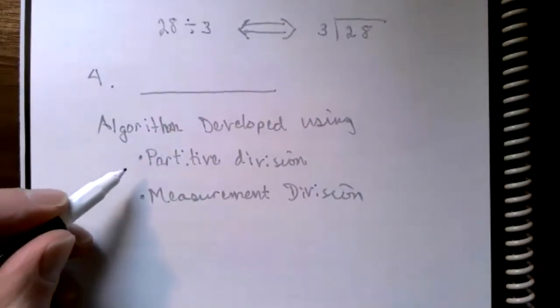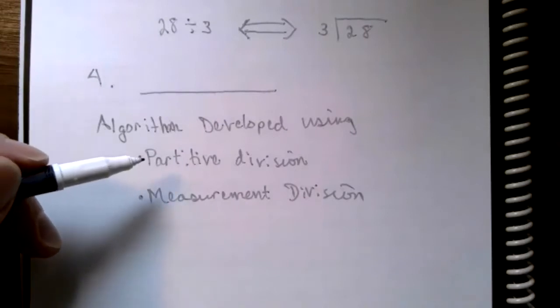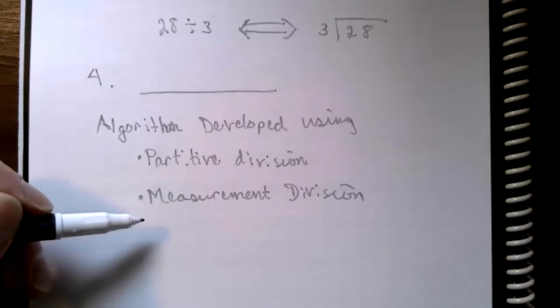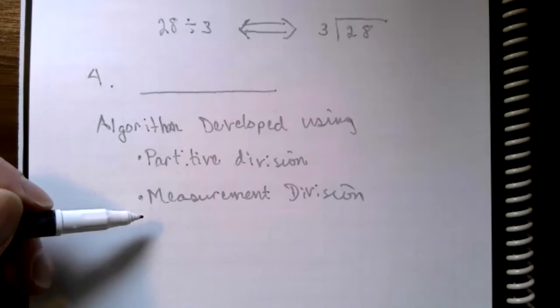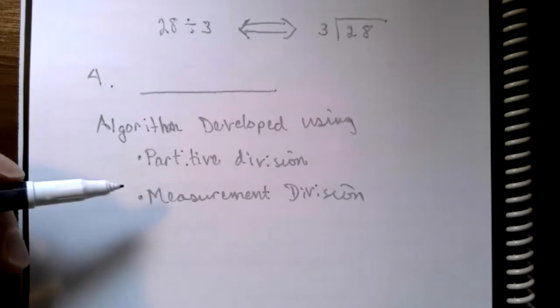Okay, now you'll probably remember from when we introduced division, we had two ways to think about it. We had the partitive division interpretation and the measurement division interpretation. Okay, both of those are kind of important for developing the algorithm.